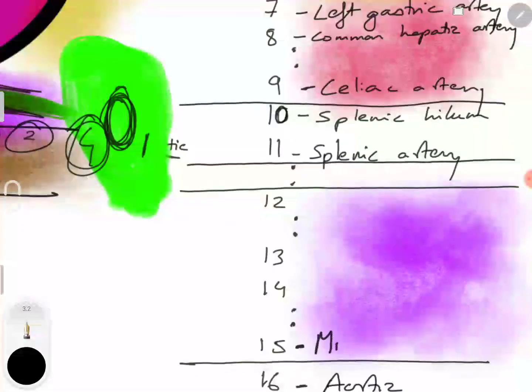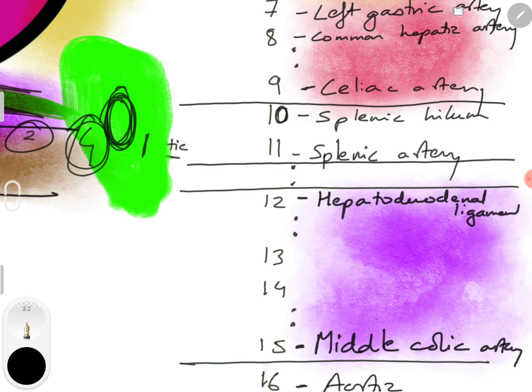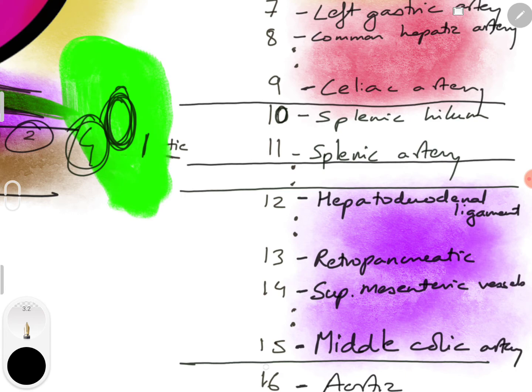So we have middle colic artery. 12 is the hepatoduodenal ligament. 13 is retropancreatic nodes. 14 are the superior mesenteric vessels. Now let's look at the division.